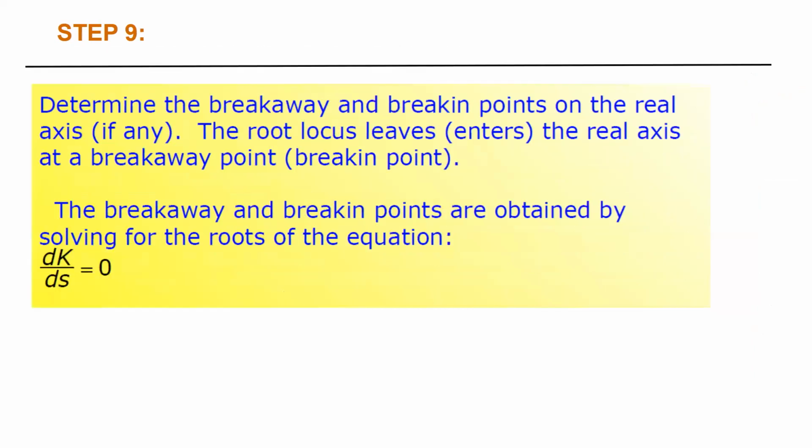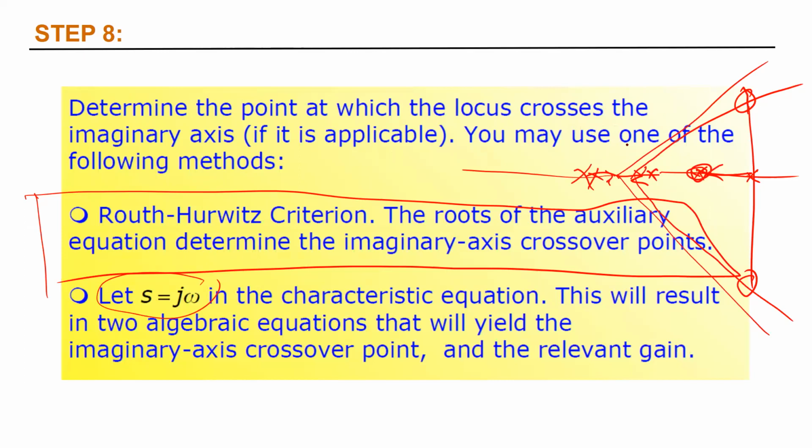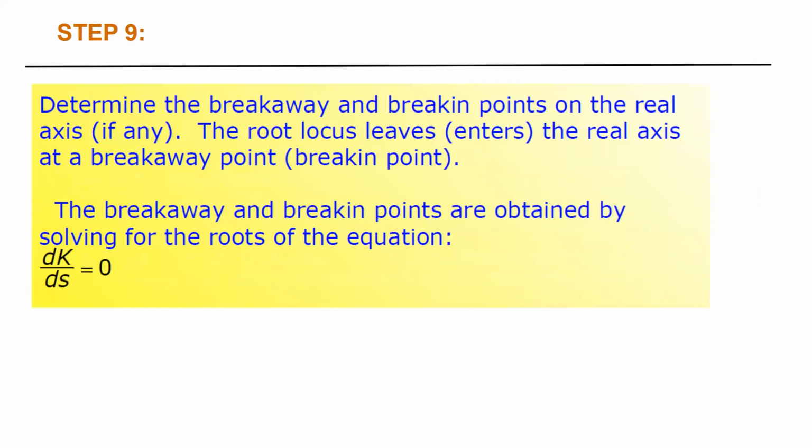Well, the other points: where do I leave the real axis? Basically, if you have a pole here and a pole here, we said K equals 0 here and K equals 0 here.